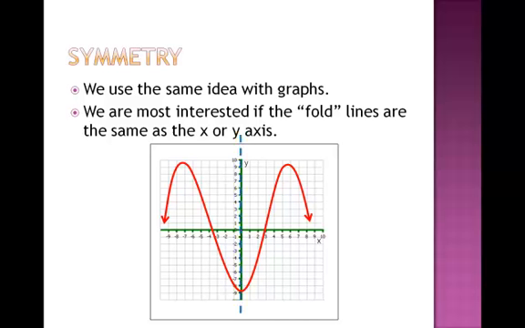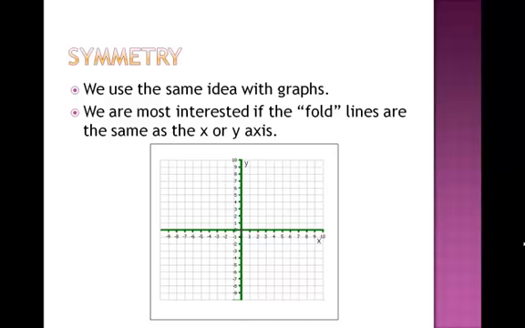Well, when one of these lines of symmetry lines up with an axis, this is what we are really interested in. So below, that line of symmetry is right on the y-axis, and I would say that this graph has symmetry with respect to the y-axis. Okay, so it's really the same idea, only we're especially interested when the symmetry lines are on an axis.